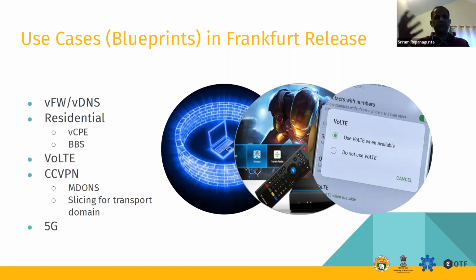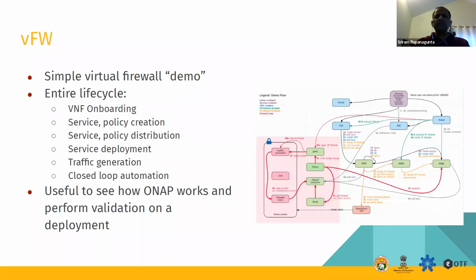Some are open source that you can use. Similarly, there's a CCVPN use case for slicing and MDONS. There's 5G, which is very popular now because of the interest in 5G. So this gives a flavor of each use case.